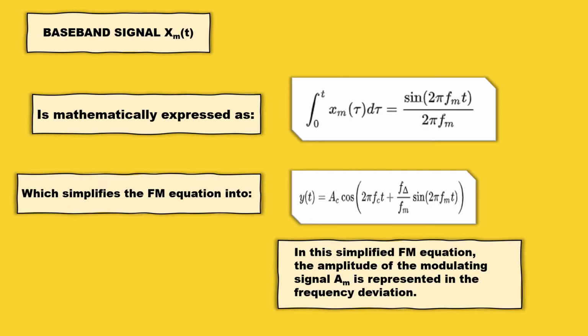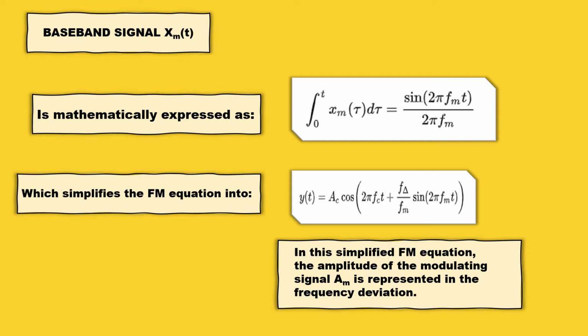The next one is the expression of the baseband signal x sub m of t. It is mathematically expressed as the integral of x sub m of tau from 0 to t, which is also equivalent to sine of 2 pi f sub m t all over 2 pi f sub m, which simplifies the FM equation into y of t equals A sub c cosine of 2 pi f sub c t plus the ratio between f sub delta and f sub m times sine of 2 pi f sub m t.